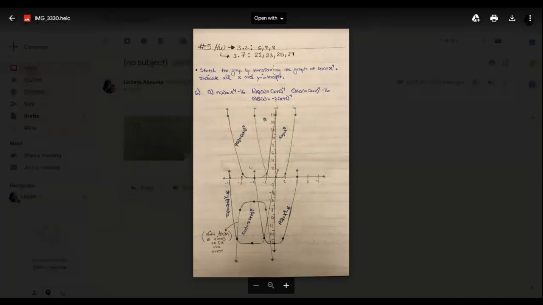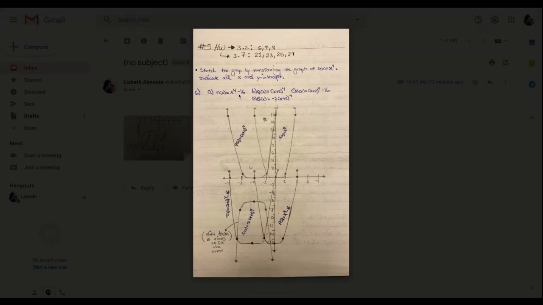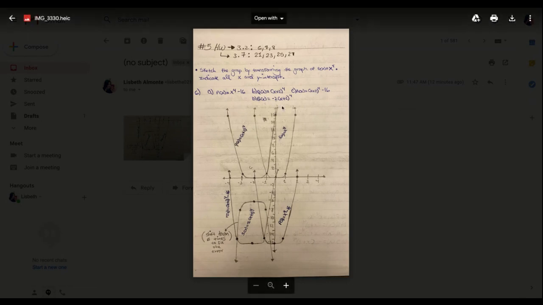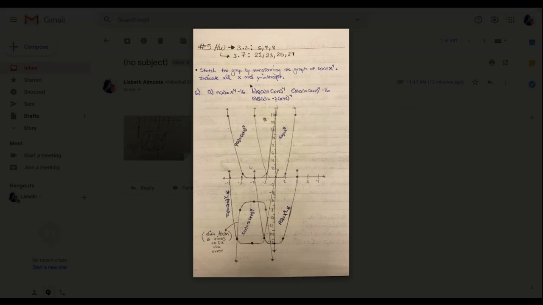I'll be real quick. I did problem 6 from homework number 5, and I made an error on letter D, which is -2 parentheses x plus 2. For this one, we had to sketch the graph by transforming the graph of f of x equals x to the 4th power. This is the original one.